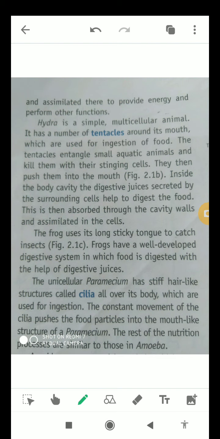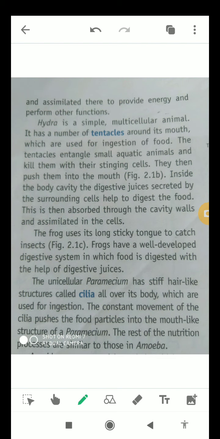Okay students. Now we'll talk about the nutrition in paramecium. The paramecium is also a unicellular organism. It has a hair-like structure called cilia all over its body, which are used for ingestion. The constant movement of the cilia pushes the food particles into the mouth. And the rest of the nutrition processes are similar to those in amoeba.